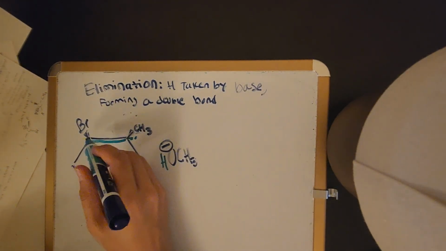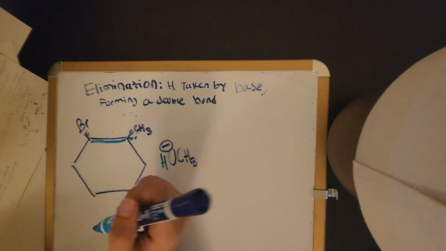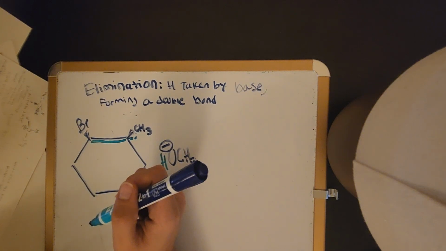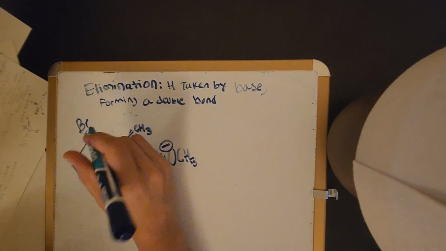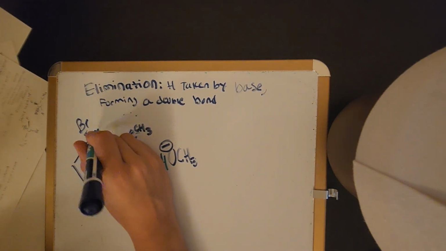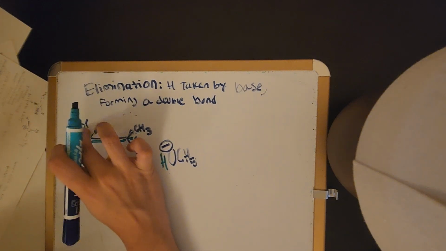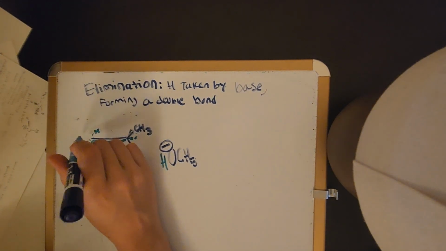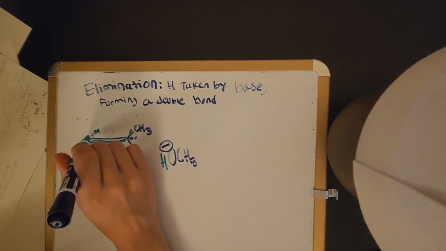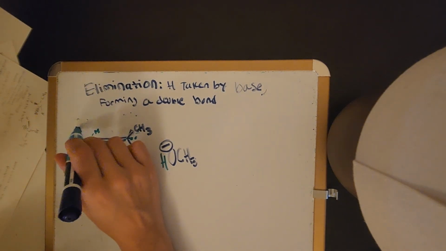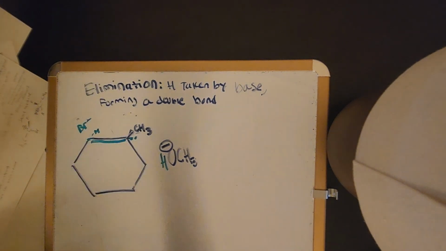And when it gives this double bond, remember there's a hydrogen here as well. This Br is going to remove itself and become Br minus.